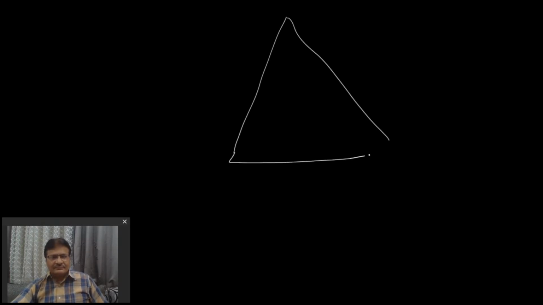Suppose this is an equilateral triangle of 6 meter side length, equilateral, all sides are equal, as I told already.